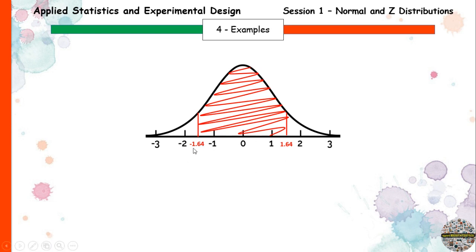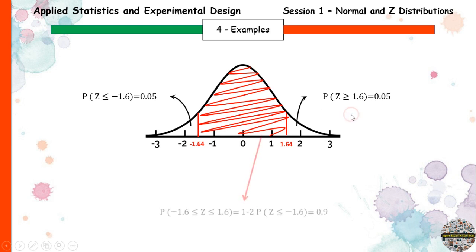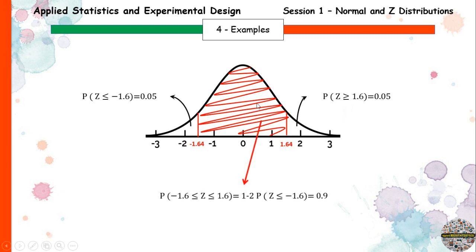This number, minus 1.64, like the previous examples. The probability of this area is 0.05, and also this area. And if we want to calculate the probability of this area, like the previous slide, if we subtract 2 times this value from 1, we will have 90%.